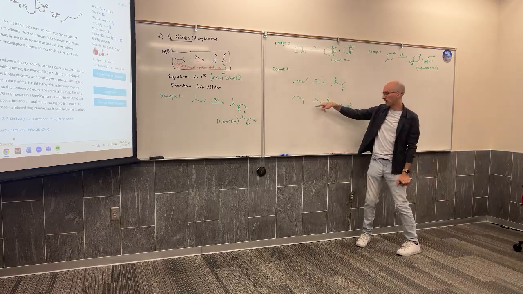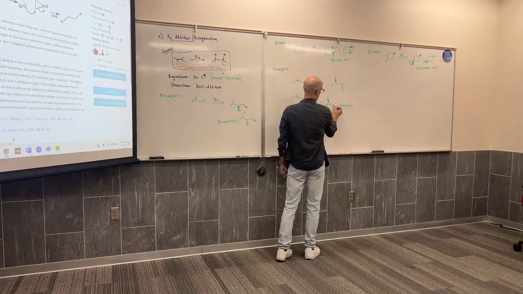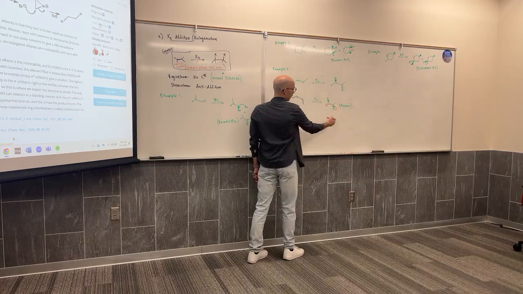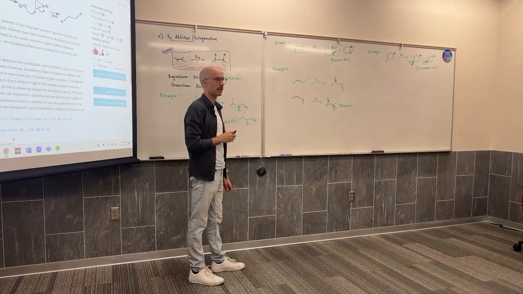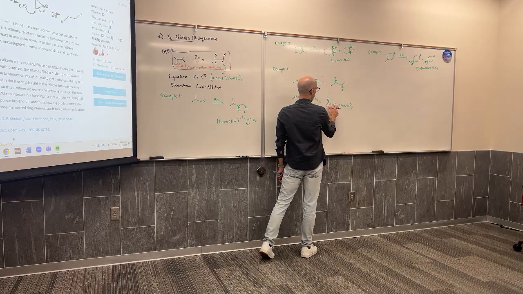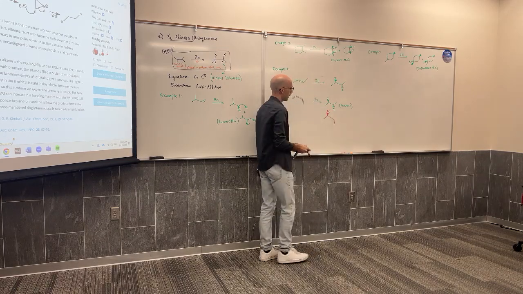Notice that your bond line is not the same here. This is how it started. But now the bond line is going up. So originally, this would have looked like this.